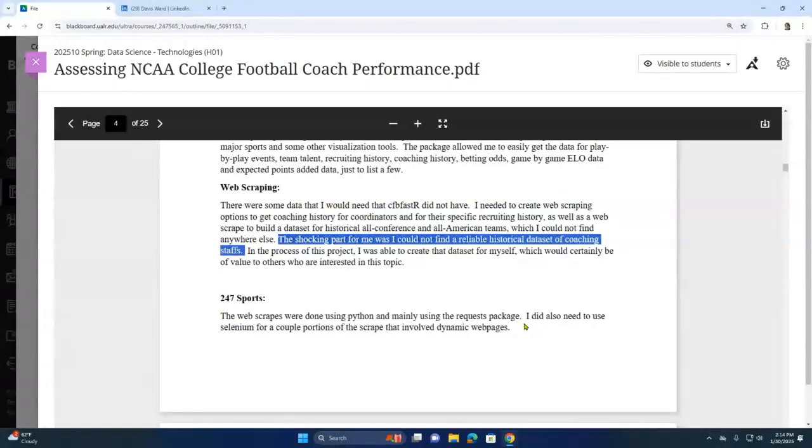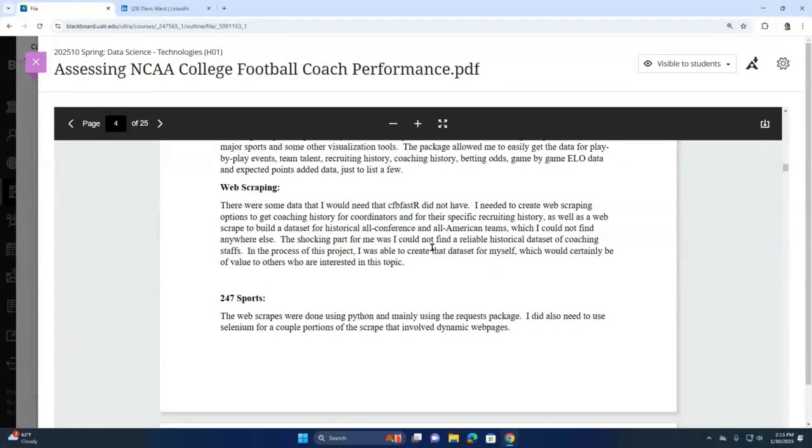One of the things that he did was take the data that had been collected by sports sites like collegefootball.com and take his own collections of what he could scrape off the web. Part of what he did was he had to build sort of his own data set.